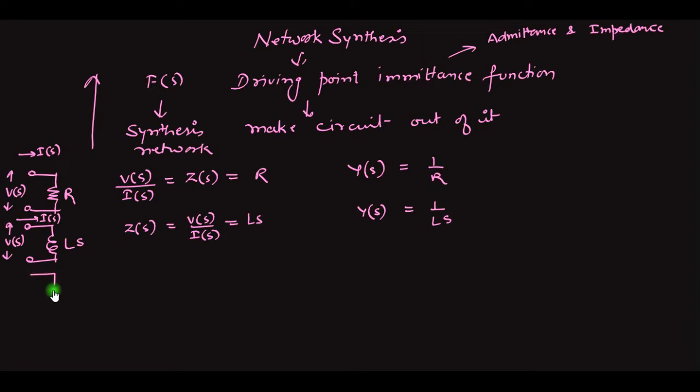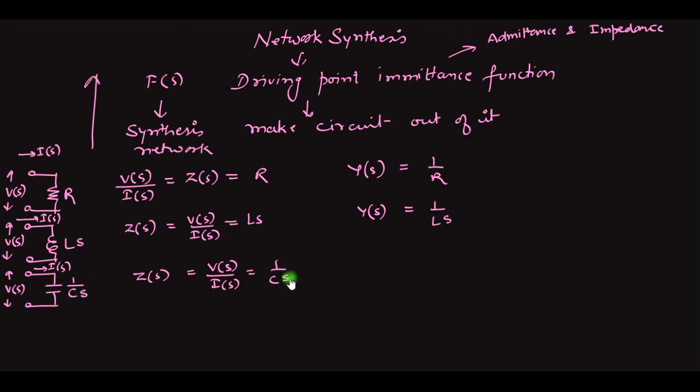Let us discuss a capacitive network where we have a capacitance, which in the S domain is represented as 1 by Cs, the impedance offered by this capacitance. Again, say Vs is the voltage applied and Is is the current. Then the driving point impedance Zs would be equal to Vs divided by Is, which is the impedance offered by this single element network, 1 by Cs.